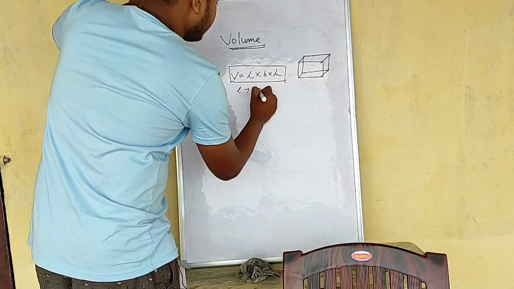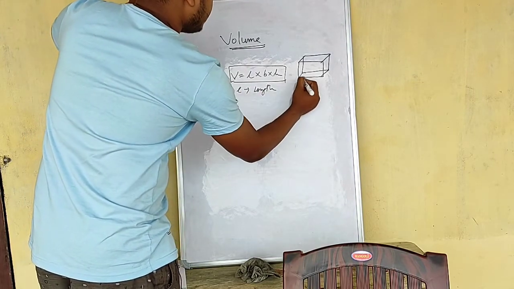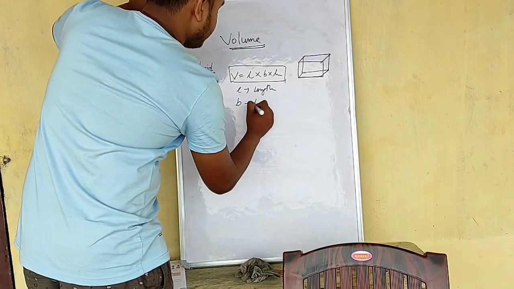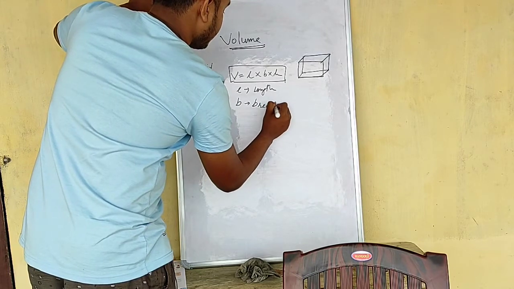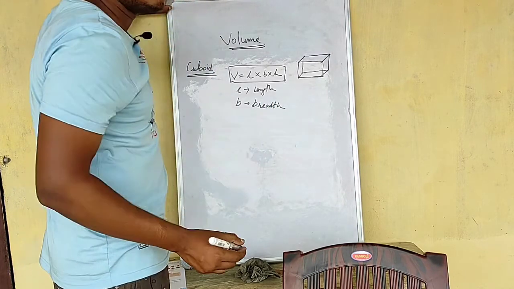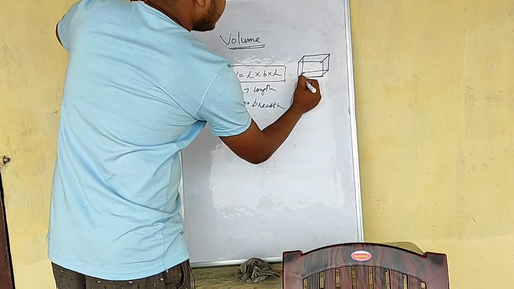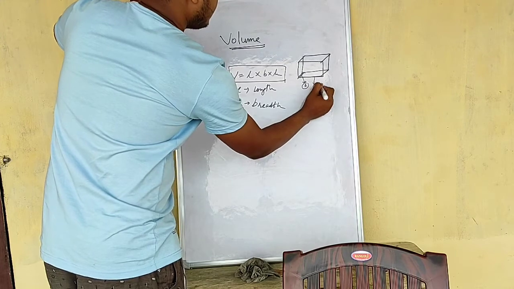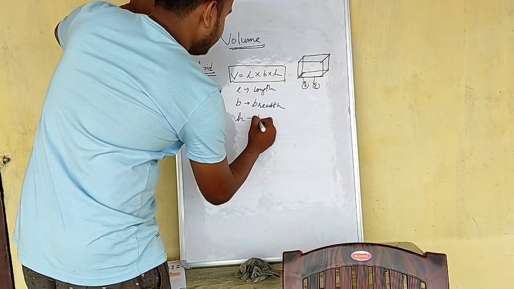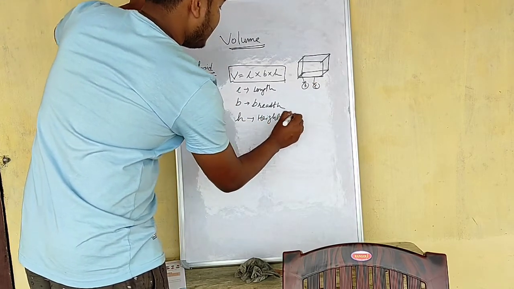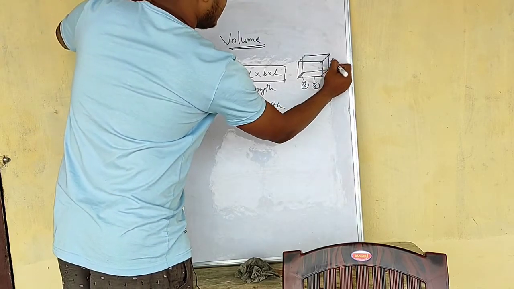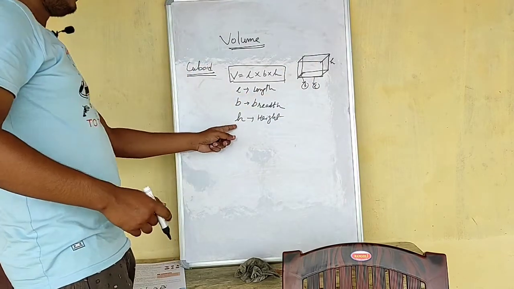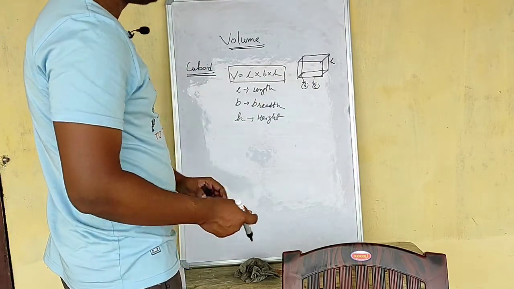L means length of the cuboid. B means breadth, means this one, breadth of the cuboid. And H means height of the cuboid. So if you multiply length into breadth into height, then the formula is L into B into H.